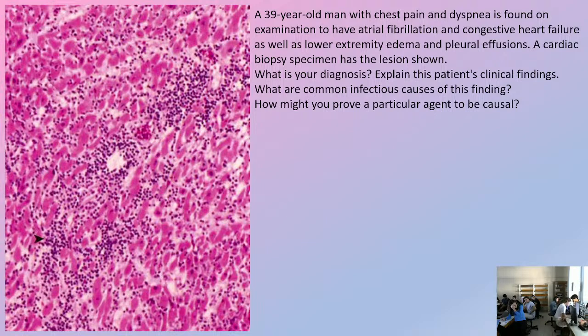It's not necessarily so, but we'll suppose it is. Which infectious agents cause a lymphocytic inflammatory infiltrate? The viruses. So the most common infection in patients with myocarditis has to do with Coxsackie viruses.